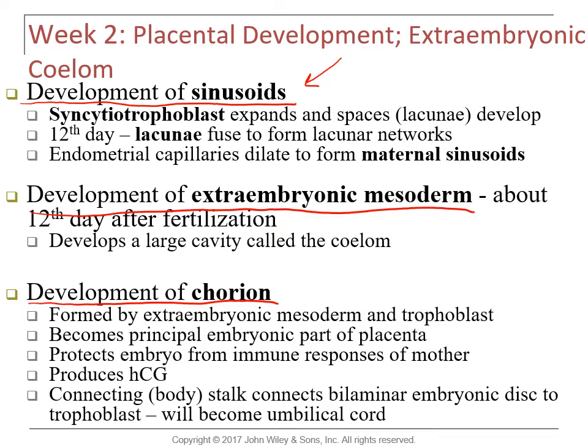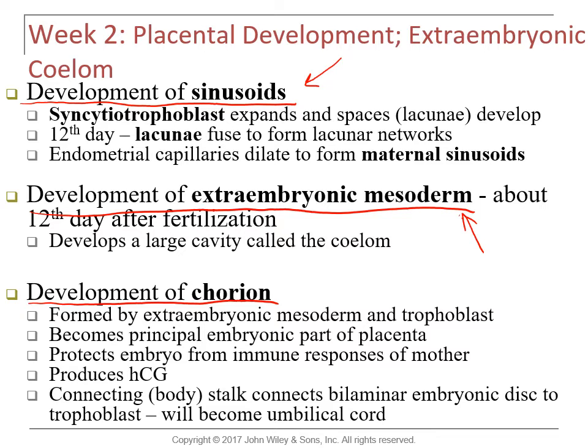As the syncytiotrophoblast erodes some of the maternal sinusoids and endometrial glands, maternal blood and secretions from the glands enter the lacunar networks and flow through them. Maternal blood is both a rich source of materials for embryonic nutrition and a disposal site for the embryo's wastes. Now we're going to talk about the development of the extraembryonic mesoderm.